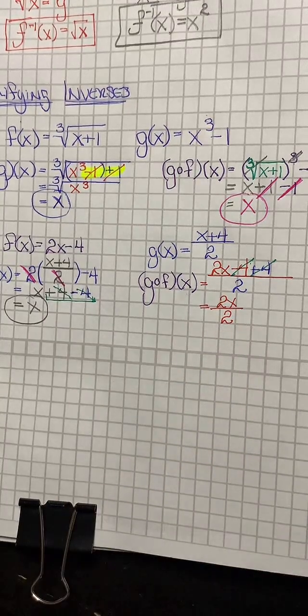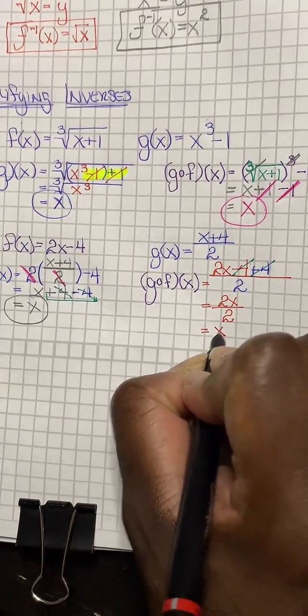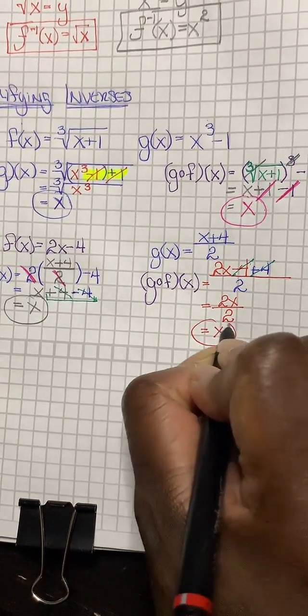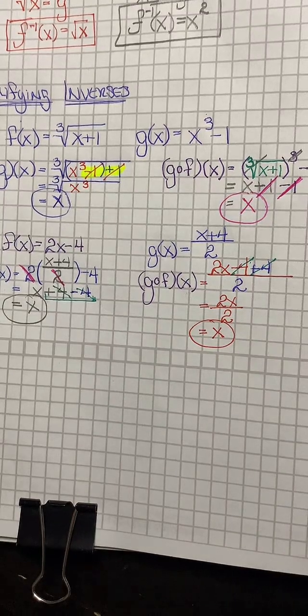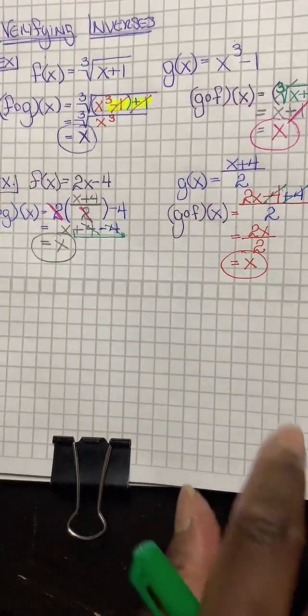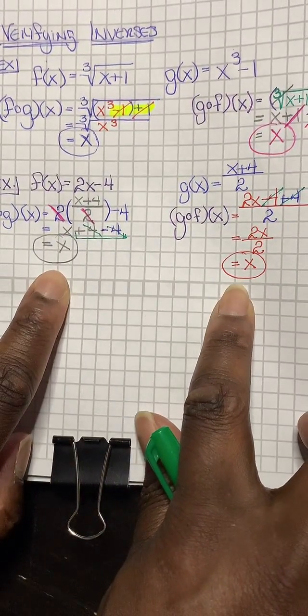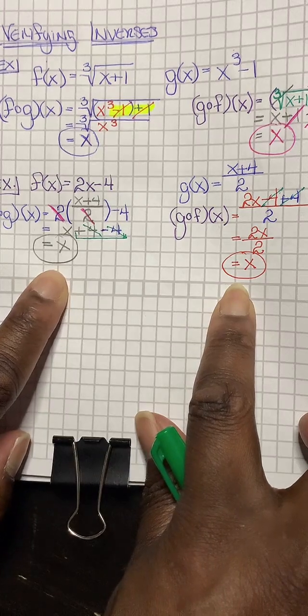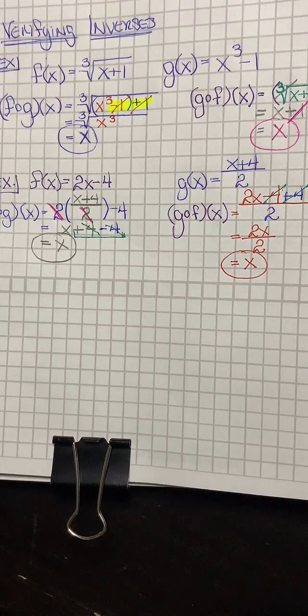And 2x divided by 2 will be 1x, or just x. So both of my answers are going to be x. So that means, yes, they are inverses of each other.